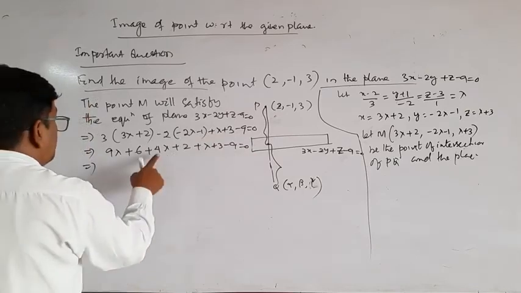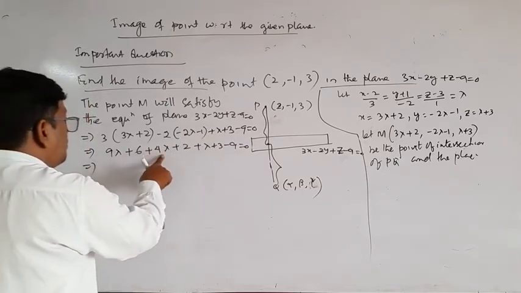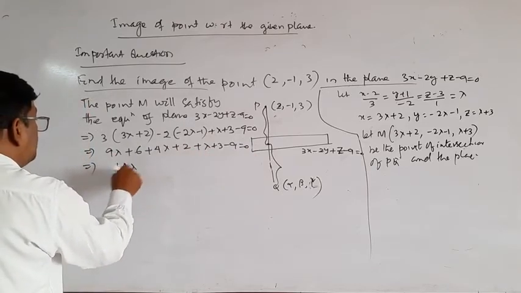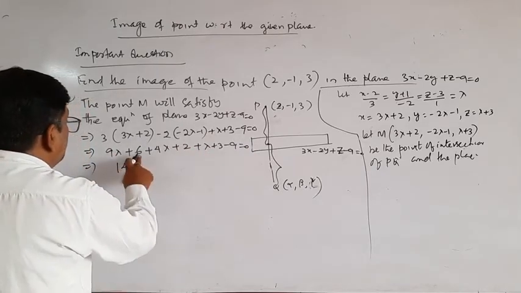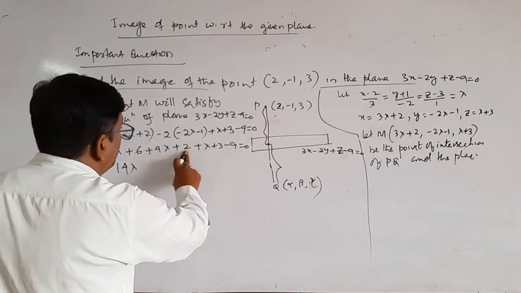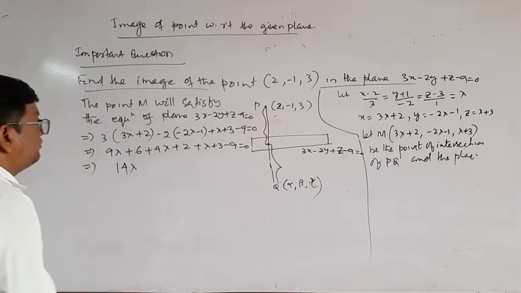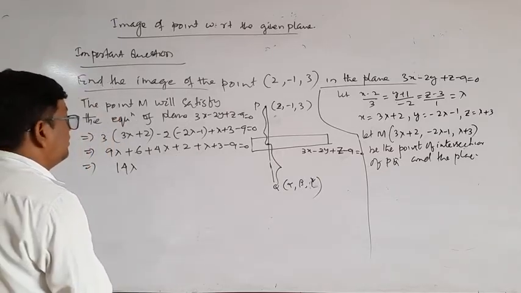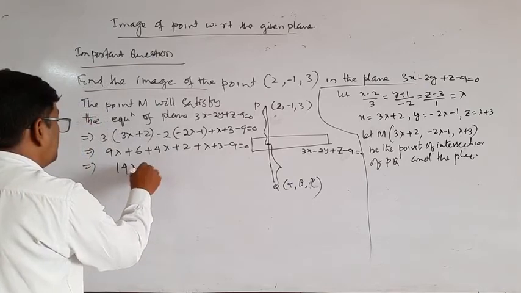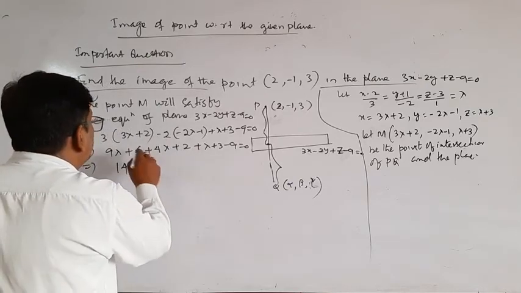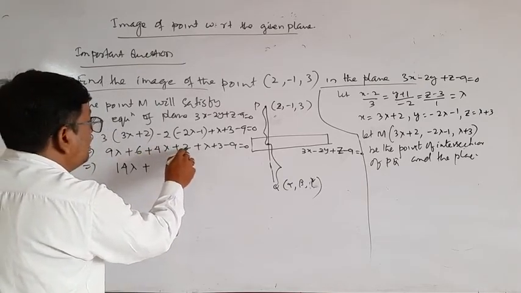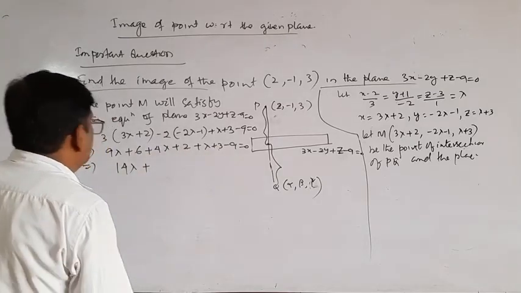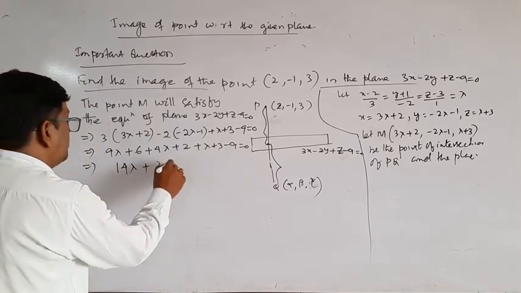That is 14 lambda plus 6 plus 2 is 8, 8 plus 3 is 11, and 11 minus 9 is 2, equal to 0.